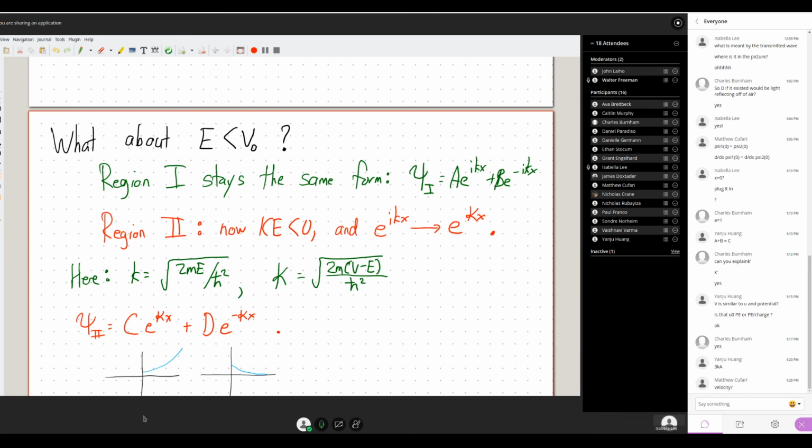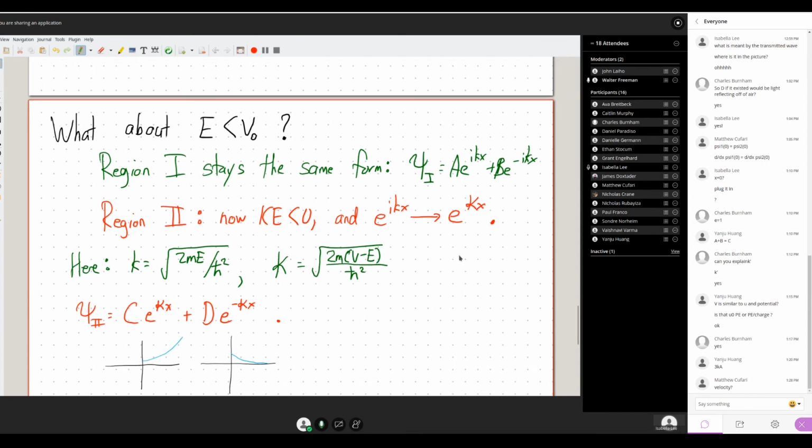Would it be reflected, because it's decaying, so it might not have the ability to reflect anything back? Oh, do you mean you want to cross off one of the ones in region 1? You want to just scratch out that one? Maybe.